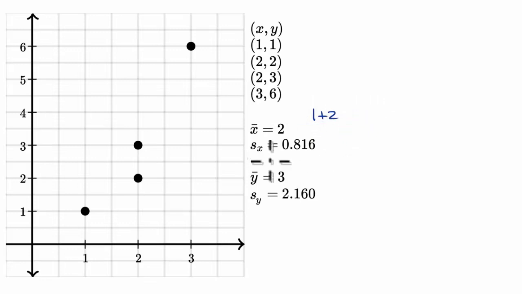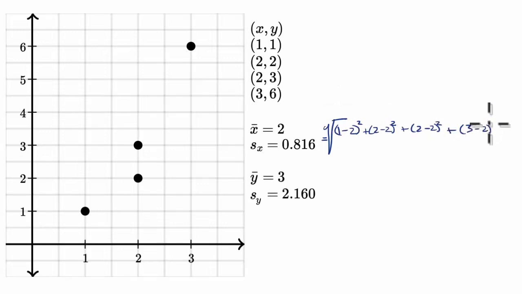The sample standard deviation for x, we've also seen this before. This should be a little bit of review. It's going to be the square root of the distance from each of these points to the sample mean squared. So 1 minus 2 squared plus 2 minus 2 squared plus 2 minus 2 squared plus 3 minus 2 squared.